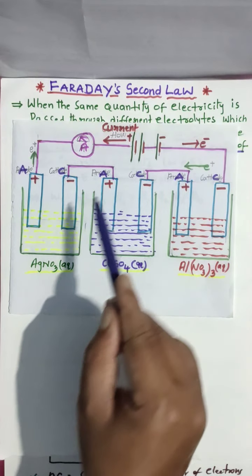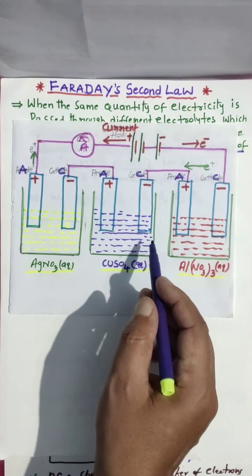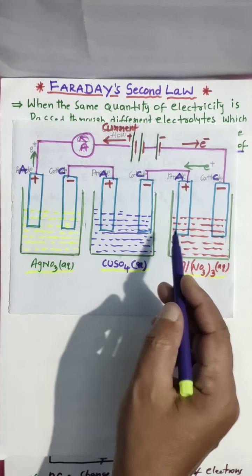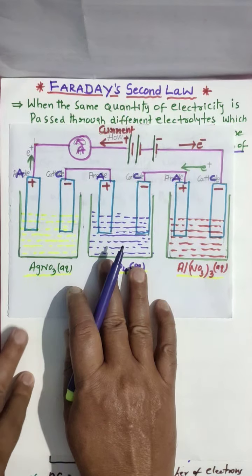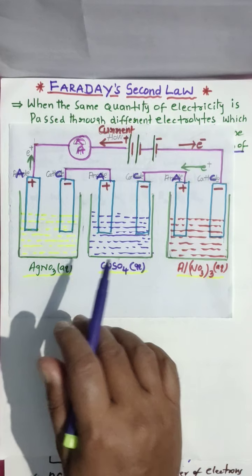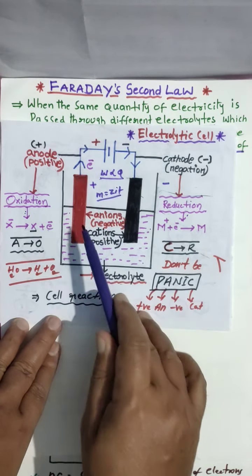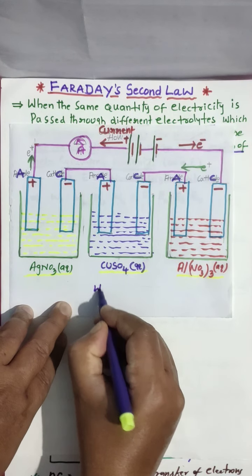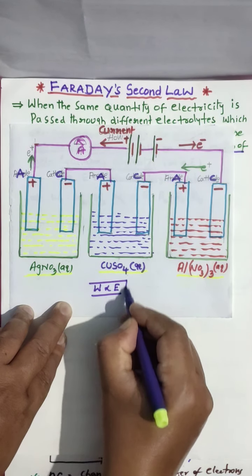When connected like this and the same current is passed through all electrolytes at the same time, the weights of the substances depend on their equivalent masses. So Faraday took different electrolytes. For a single electrolyte, W is proportional to Q. For different electrolytes, W is directly proportional to E, the equivalent mass.